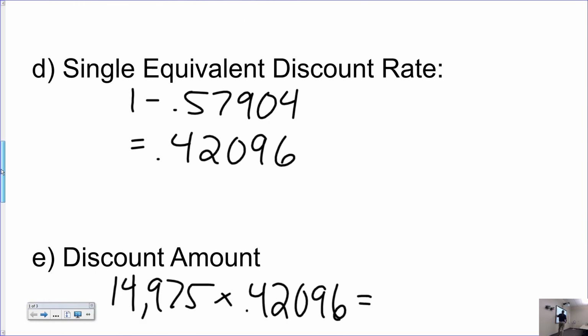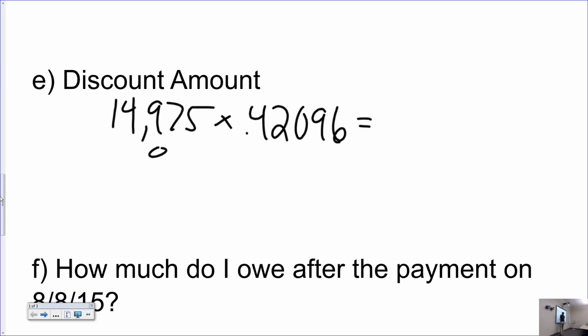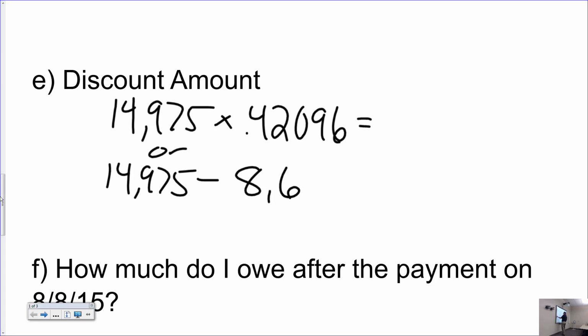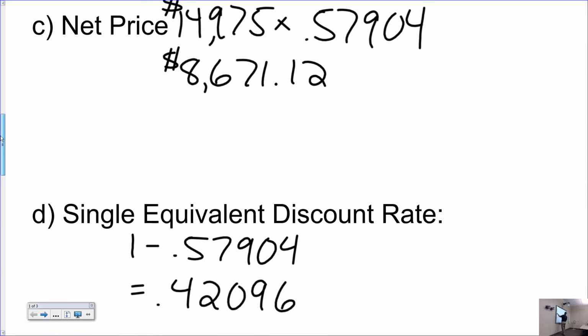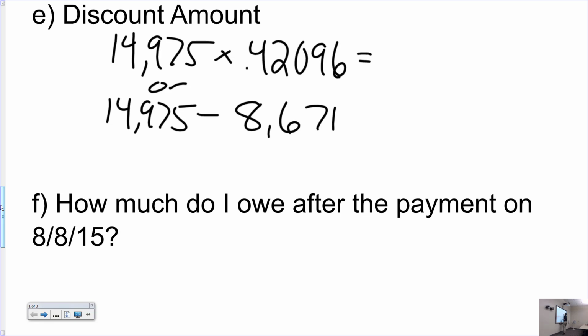It's perfectly okay to just take the 14,975 and minus the 8,671.12. Both of those should give you the same number. If they don't give you the same number, then you should be worried. That's actually a nice way to check those two numbers just to be safe, right?